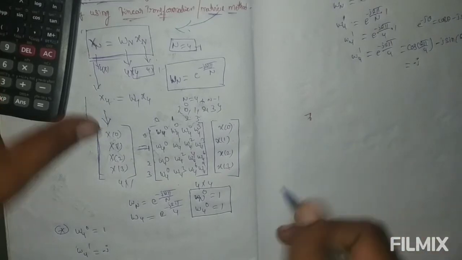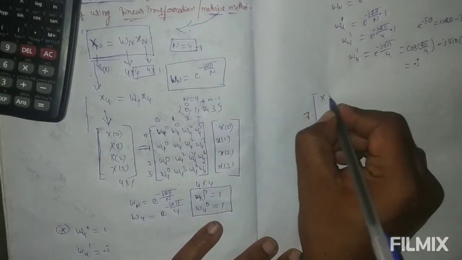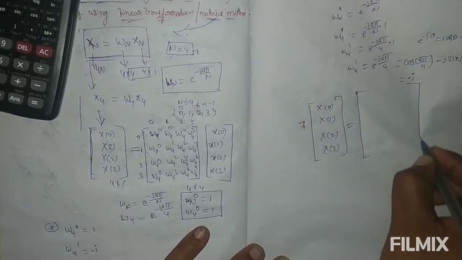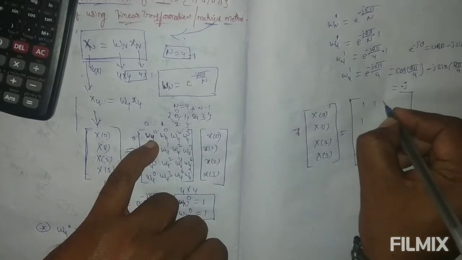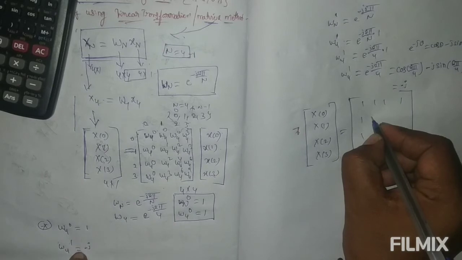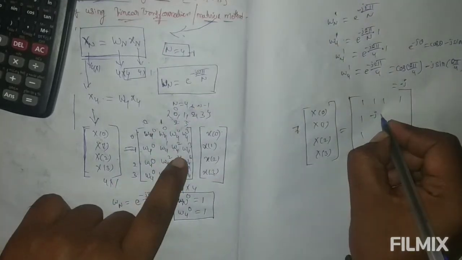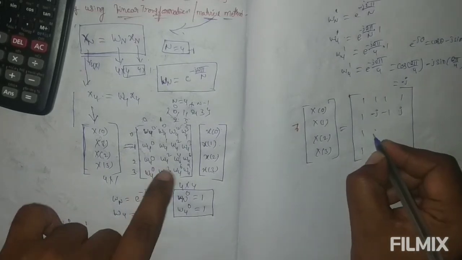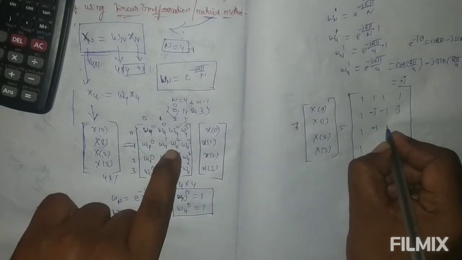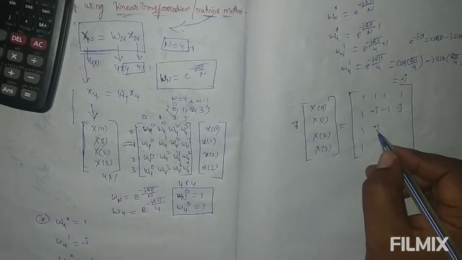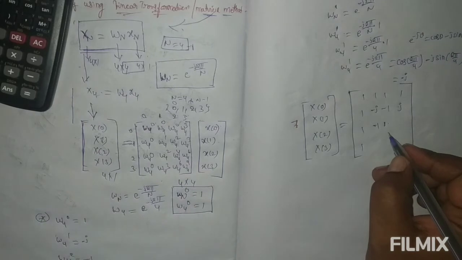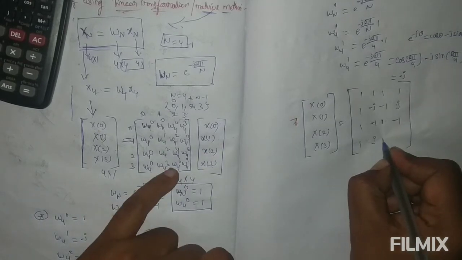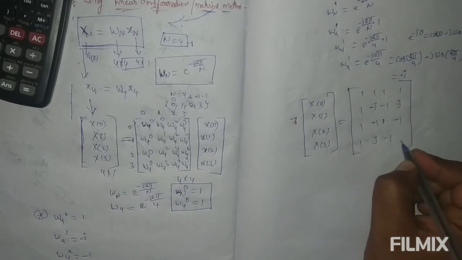Therefore the matrix is: first row 1, 1, 1, 1; second row 1, minus j, minus 1, plus j; third row 1, minus 1, 1, minus 1; fourth row 1, plus j, minus 1, minus j.